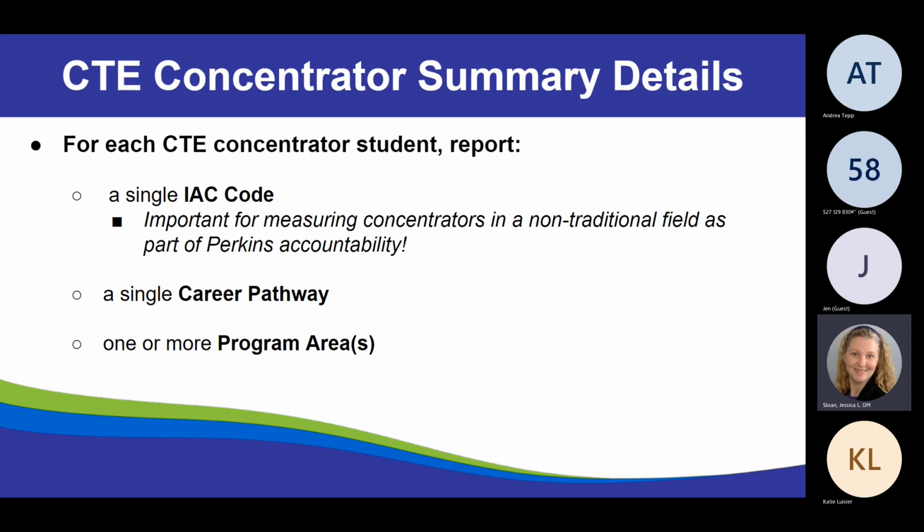If we have 16 different IAC codes and our Carl Perkins application only has 4 career pathways, it doesn't make sense because each IAC code represents a career pathway. So if we only have 4 pathways written into Carl Perkins, normally we have 4 IAC codes.